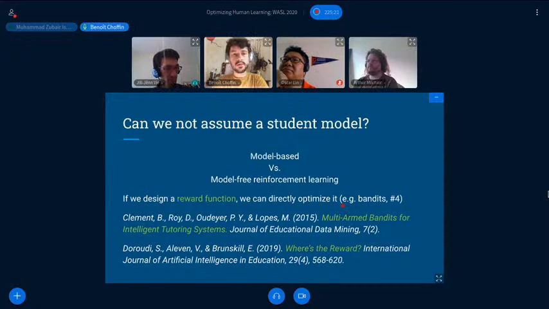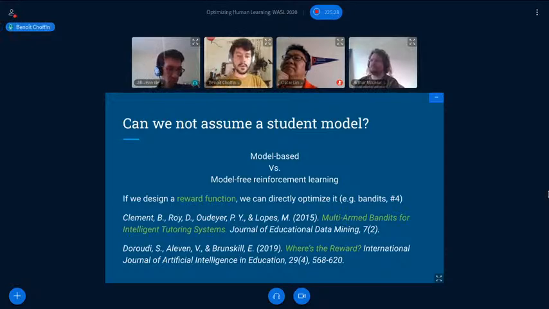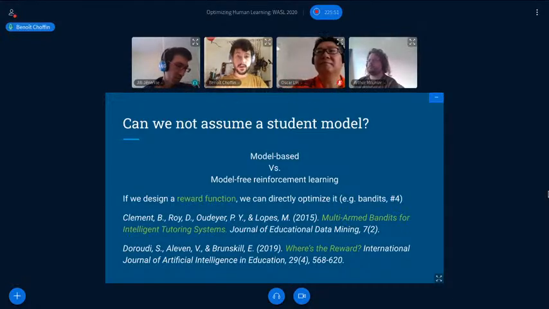Yeah, not exactly. For example, I can send you another example in the chat. I will be looking for it. It's an example of an adaptive spacing algorithm to schedule flashcards, and I just need to remember the name. Okay, I have it. It's based on deep reinforcement learning, and their algorithm does not assume an underlying student model.